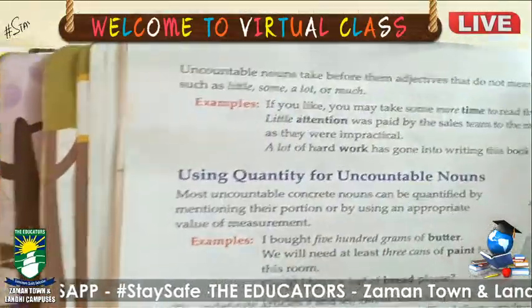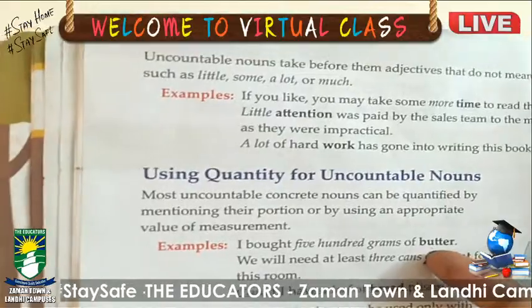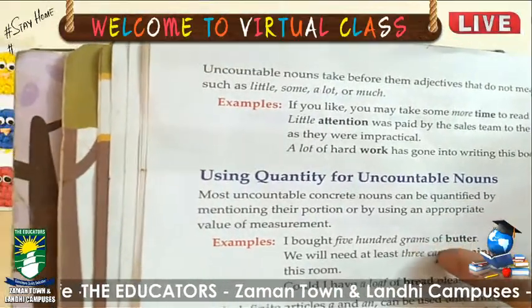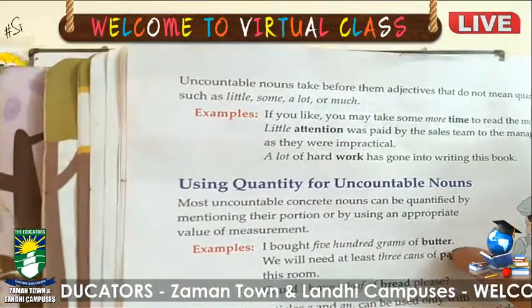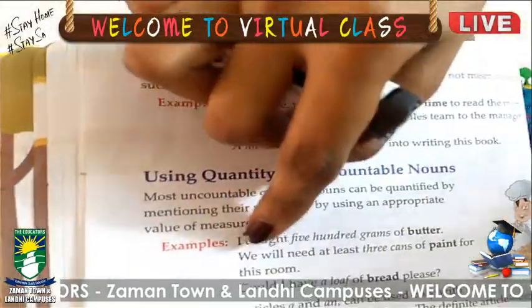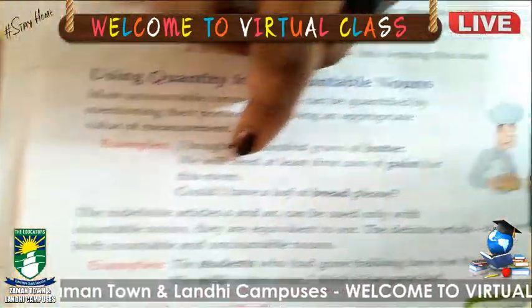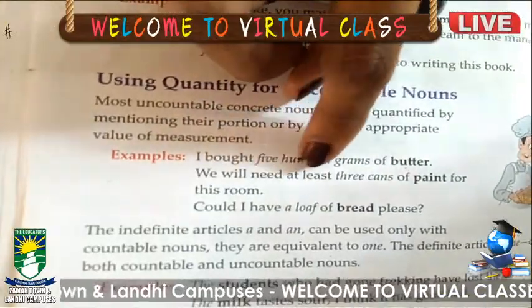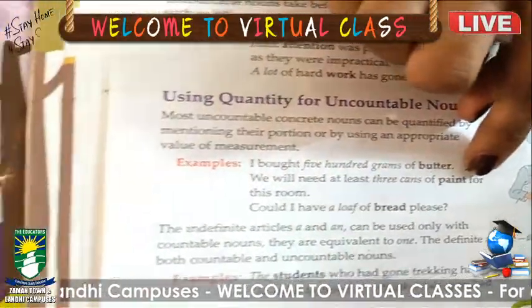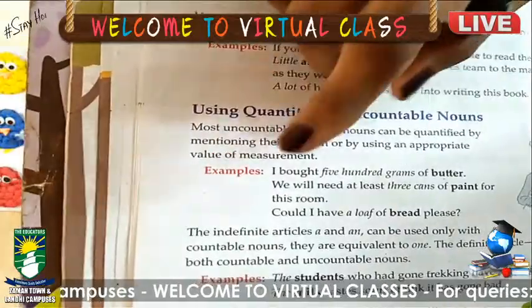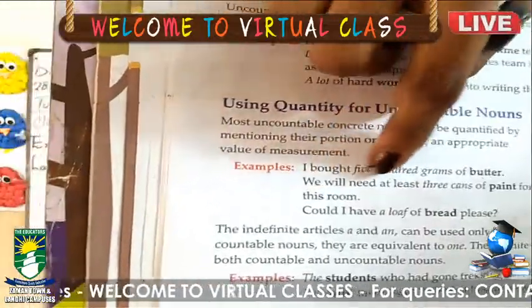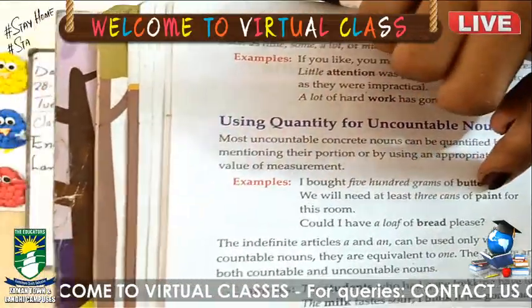Here is the word butter. It is uncountable, but we can measure it, like we can say grams of butter. Here is a sentence. We will need at least 3 cans of paint for this room. Again I am reading, we will need at least 3 cans of paint.